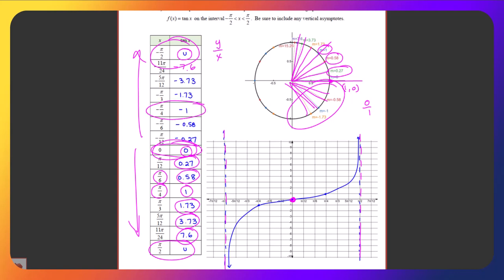Negative pi over 4 is negative 1, and pi over 4 is 1. Asymptote, point, 0, point, asymptote. These other points will fit along the line, but these, I think, are the key ones. Make life easy for ourselves.